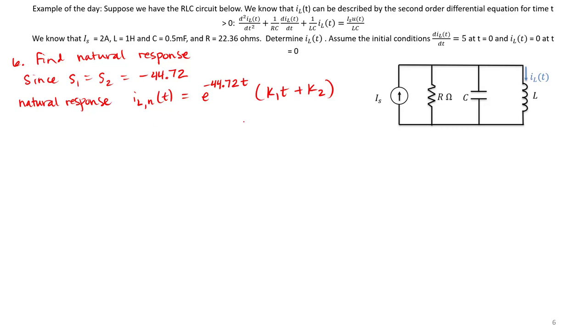So again, this is our critically damped case. And remember, of course, we'll leave these constants k1 and k2 as constants for now. But we will find k1 and k2 later when we use our initial conditions.